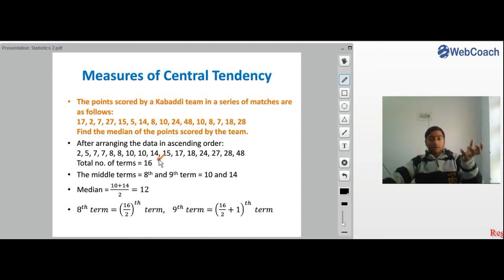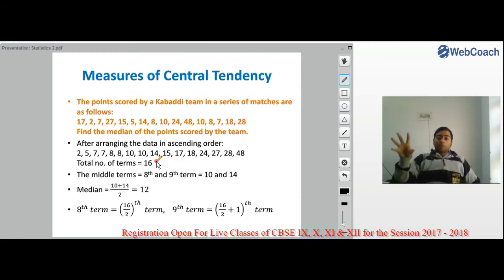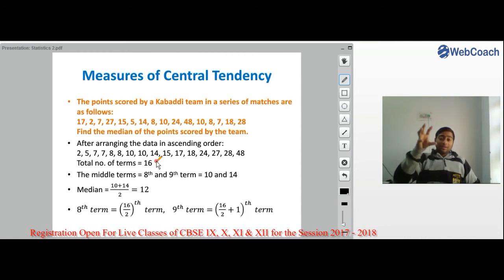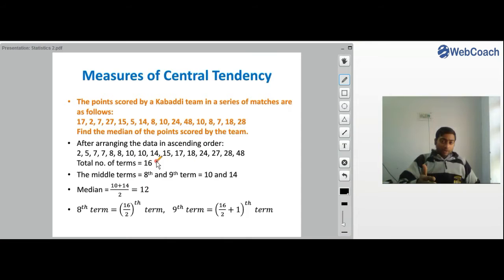And this also holds for observations where n is odd, right? You are finding just the location of the number in the given data, and you are actually specifying that data as the median. Like earlier we had found that the 5th term was the median, right?